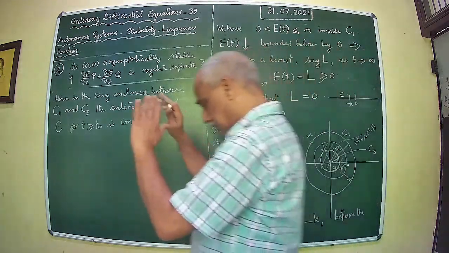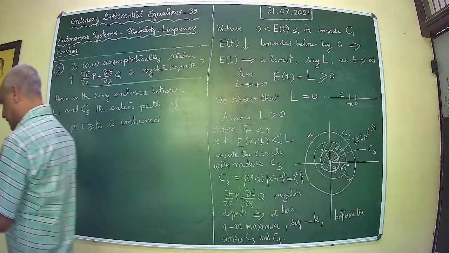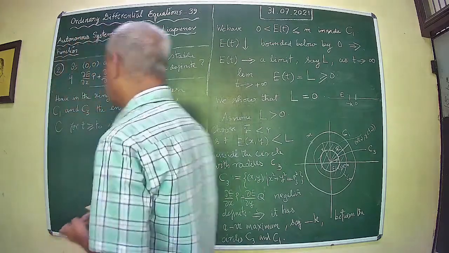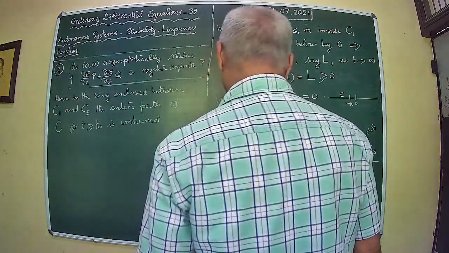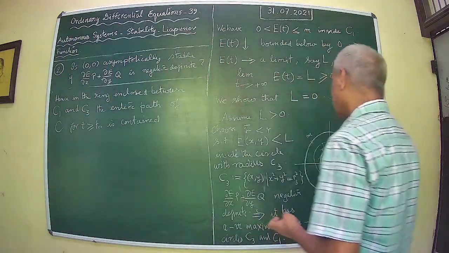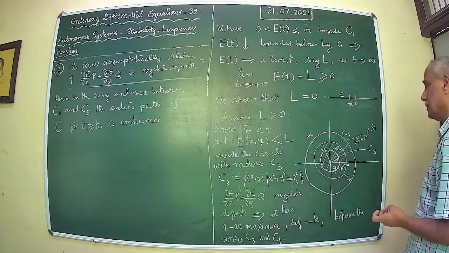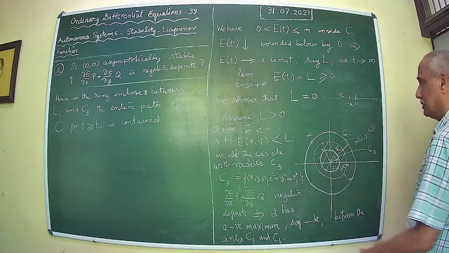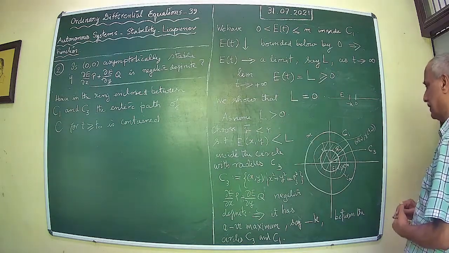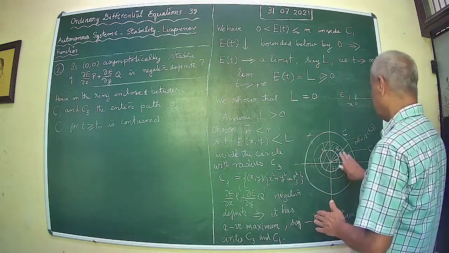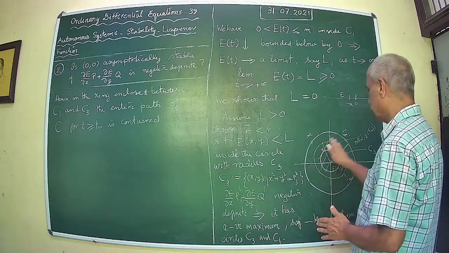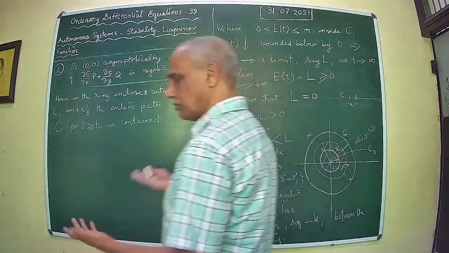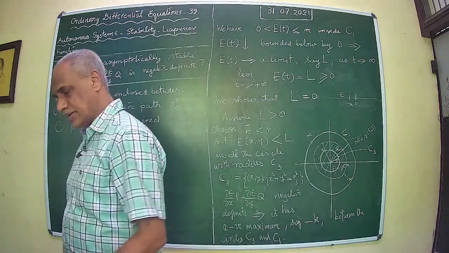So in the region enclosed by C3, you see that the value of E(x,y) is strictly less than L. Okay, so somewhere here it has to be. It just goes to a limit, and it's monotonically decreasing, and therefore this is the scenario.